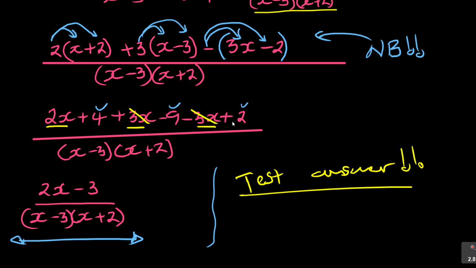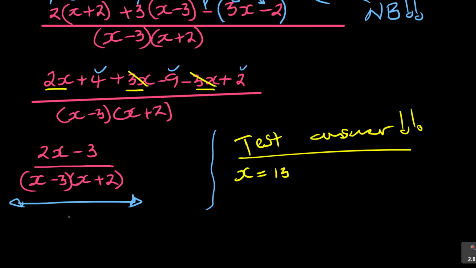How does it work? You go to the final answer, and choose any value of x you want. Any value. For example, let x be equal to 13. Any number. So what you do is you put 13 where there is x. So you'll have 2 times 13, over, where there is x it is 13 minus 3 and 13 plus 2.